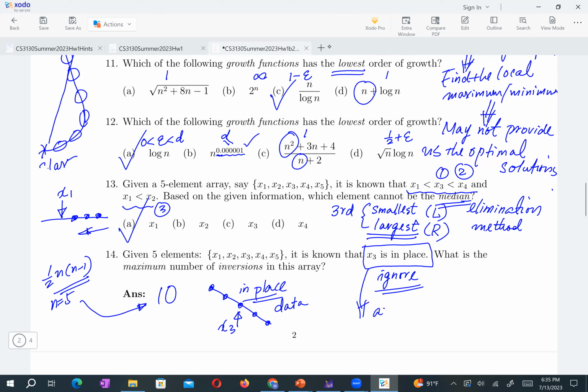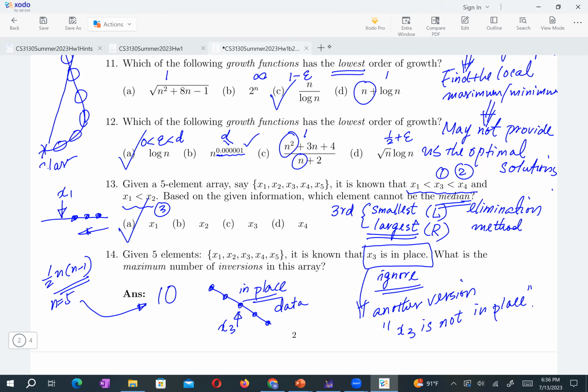So here I write another version. Condition: X3 is not in place. Under that situation, how do you fix it?